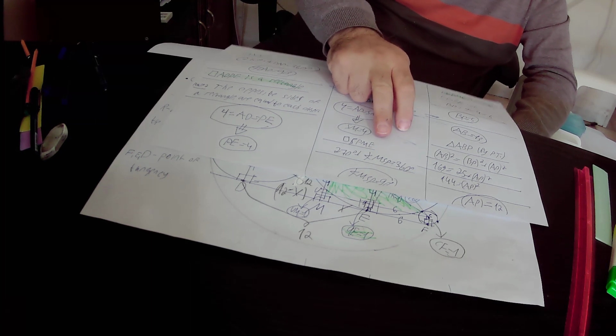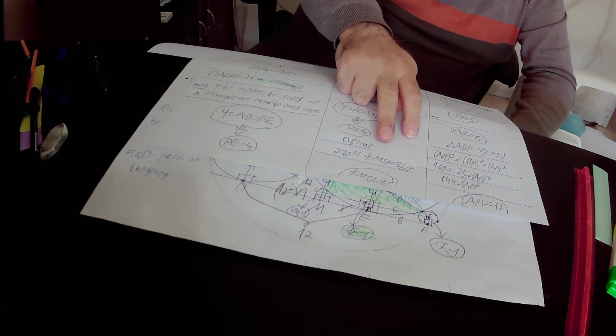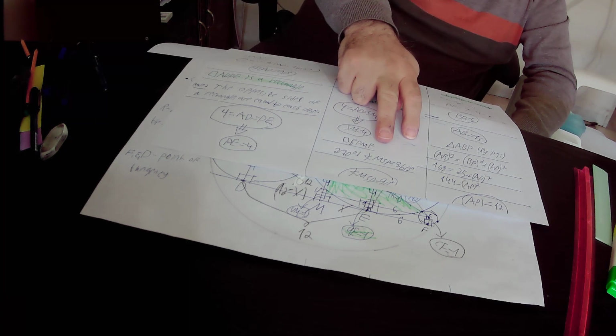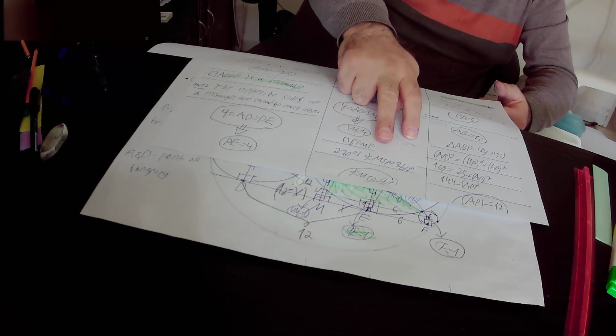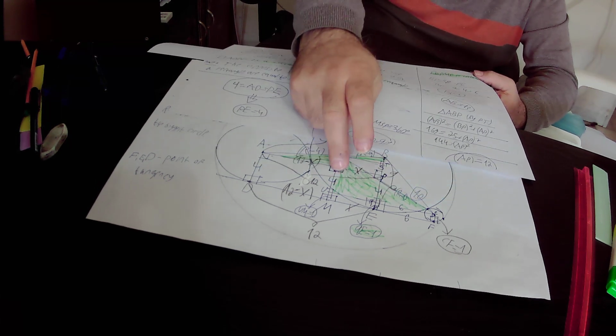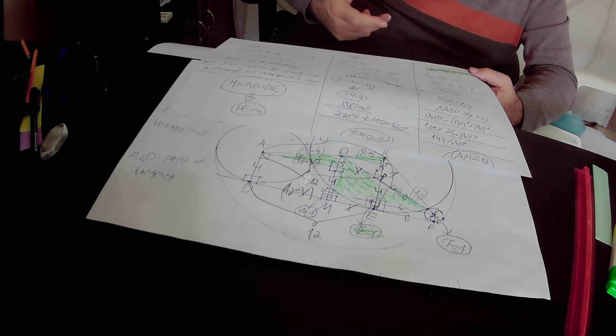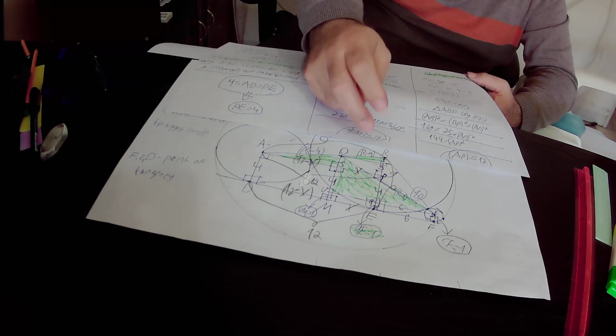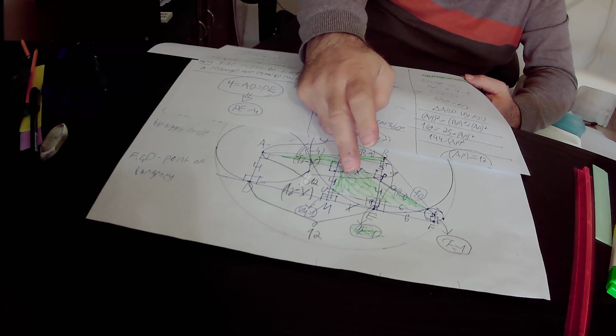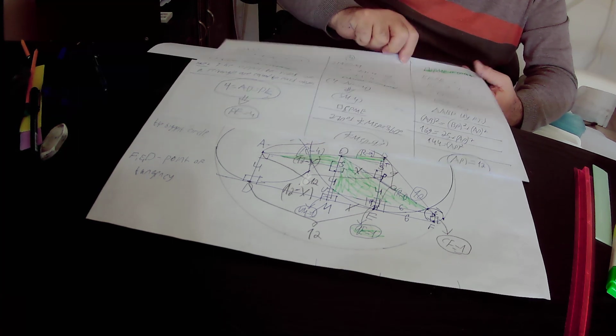Here we subtracted 270 degrees from this equation and we found out that angle MSP, this angle, is equal to 90 degrees. Therefore, quadrilateral SPME has four right angles, and therefore quadrilateral SPME is a rectangle.